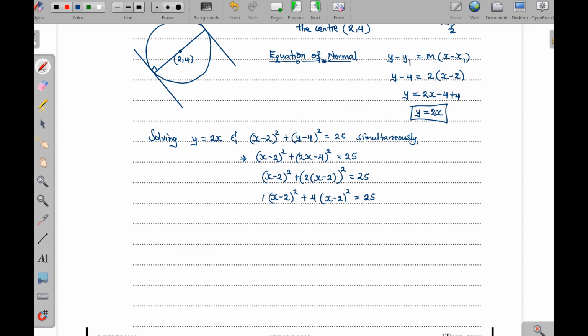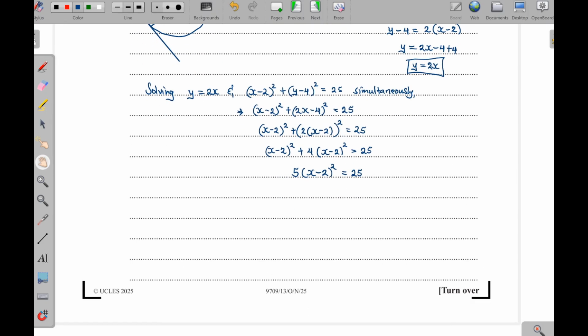Now the one which is here plus the 4, because this one is the same as this, then we shall get a 5. So 5 of (x minus 2) squared will equal 25. Then divide all through by 5. What shall we have? That is (x minus 2) squared will be equal to 5.